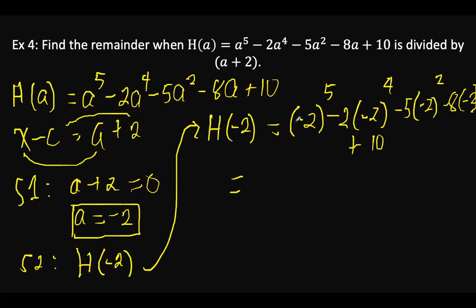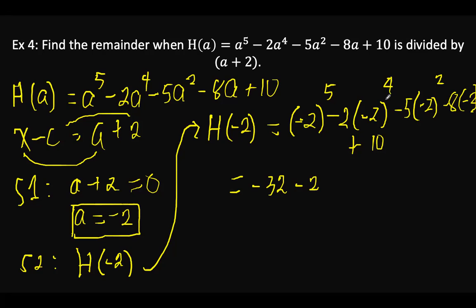What is negative 2 raised to 5? Negative 2 raised to 5 means we're going to multiply negative 2 5 times. All right, so that's 2, 4, 8, 16, 32. So this is 32. And since this is negative and the power is odd, therefore it's still negative. All right? And here, that's negative 2.